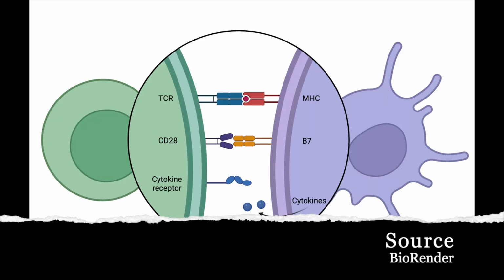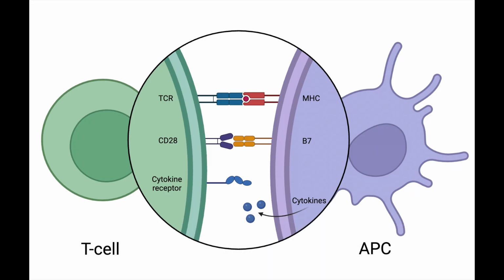So this TCR is binding to the MHC on the B cell, but you also require B7 expression on the B cell, and T cells will always be expressing CD28. So you need TCR binding to MHC as well as B7 binding CD28.